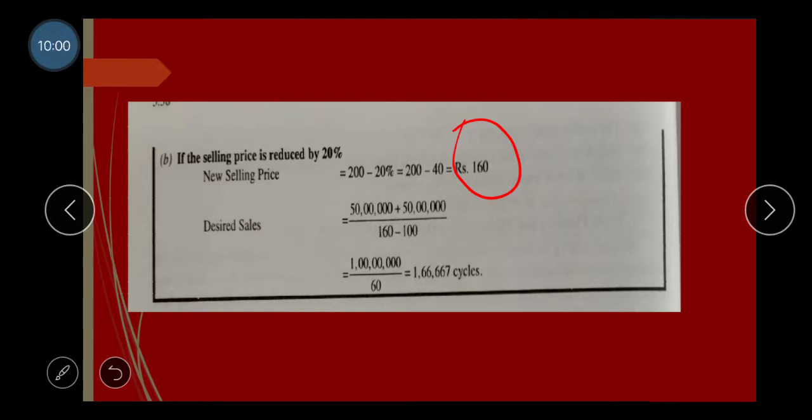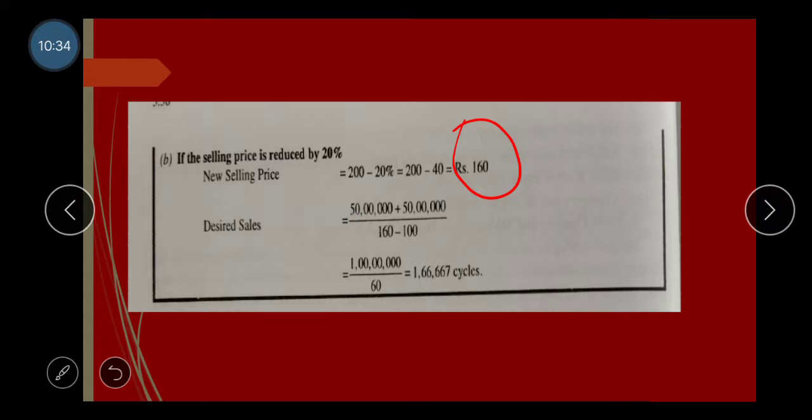So the equation is fixed cost plus desired profit divided by contribution per unit. 50 lakhs plus 50 lakhs divided by 60 rupees: 160 selling price, variable cost is not changing, that is 100 rupees again, divided by 60 contribution per unit. Means you want to sell 1,66,667 cycles to generate a profit of rupees 50 lakhs now.